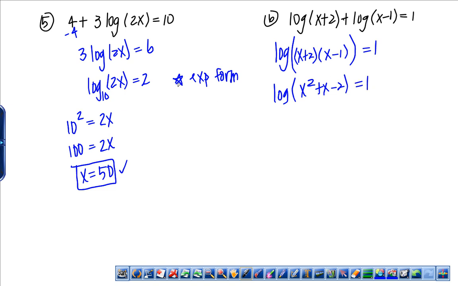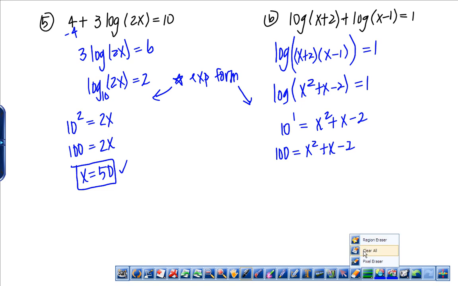Okay, I'm going to do the same thing as I did here and go to exponent form. Remember, your base is 10, so that would be 10 to the first power is equal to x squared plus x minus 2. Oh, I'm sorry, not 100.